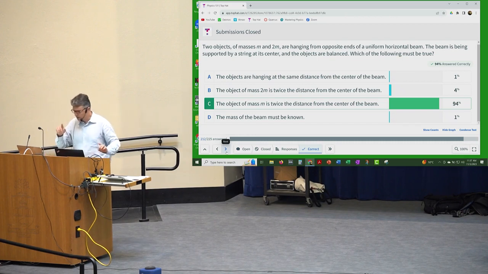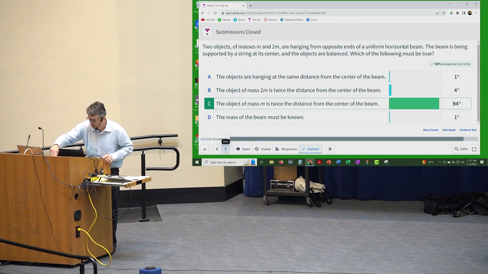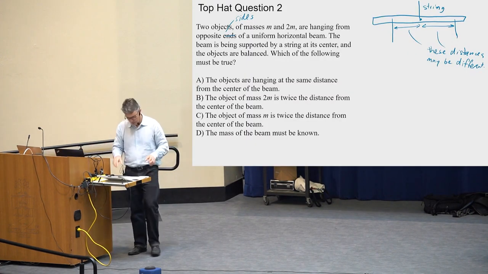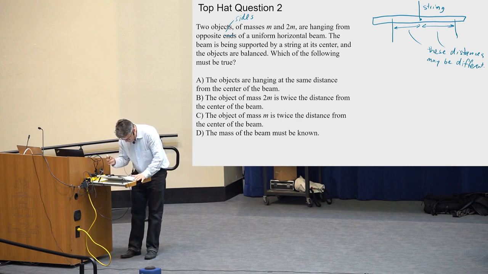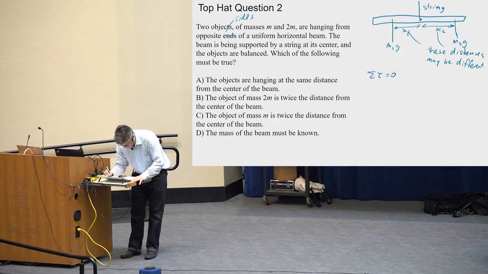The object of mass m is twice the distance. So this is the same sort of thing as the handle. The more massive object is closer to the center. You could call this M1G and X1 and M2G and X2. So it's just sum of the torques equals 0.